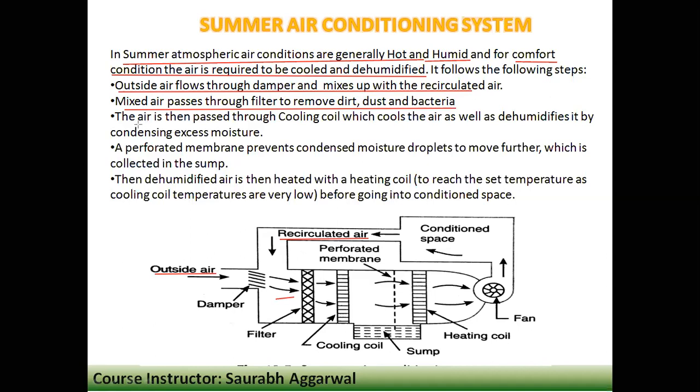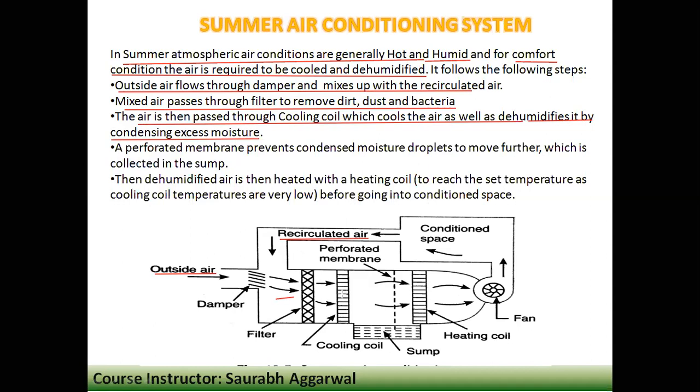Then the air is passed through a cooling coil, which cools the air as well as dehumidifies it by condensing excess moisture. A cooling coil is provided which does both the works.